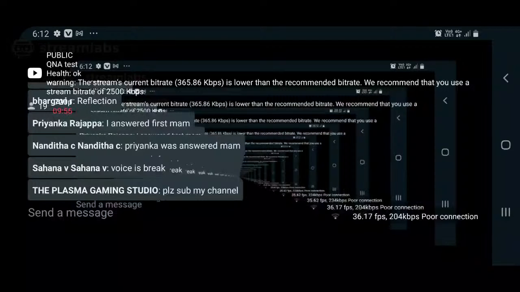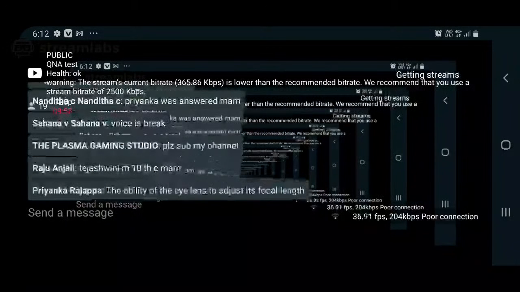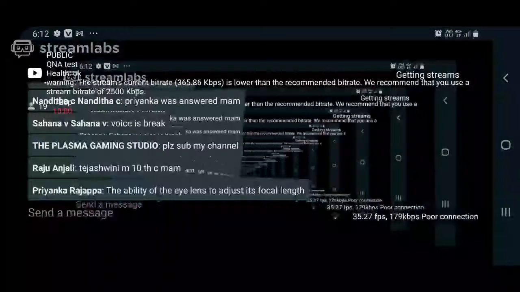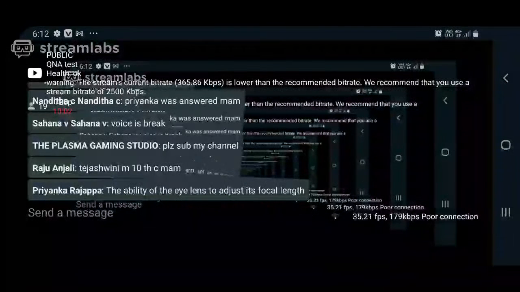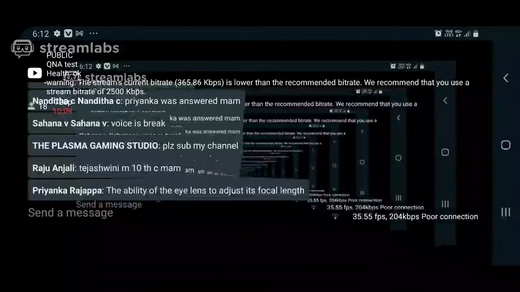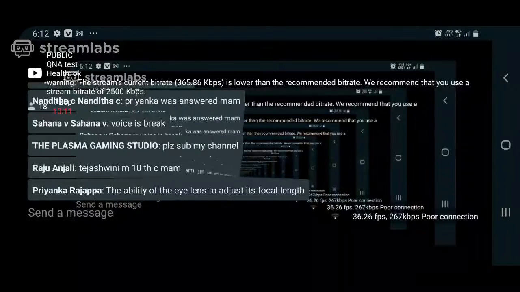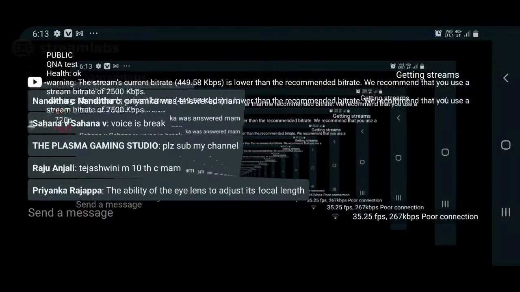What is power of accommodation of the eye? Yes, Priyanka answered first. The ability of the eye lens to adjust its focal length.